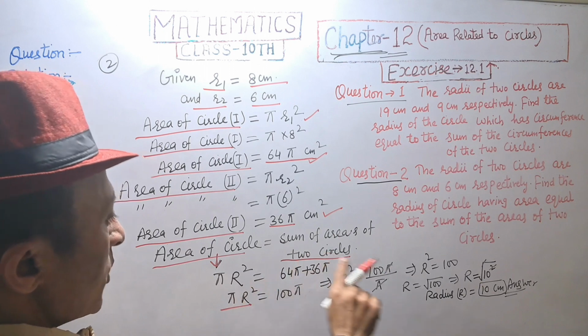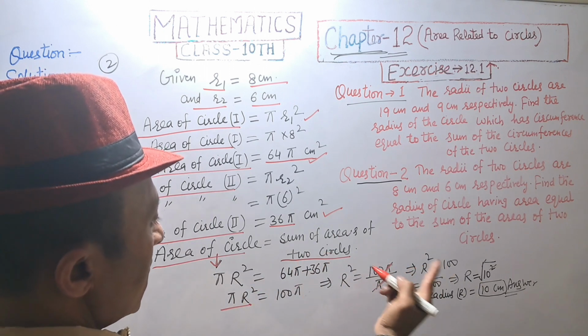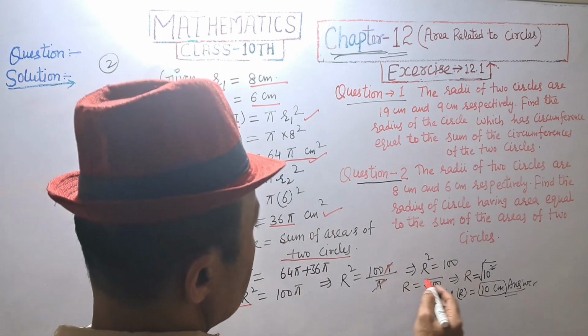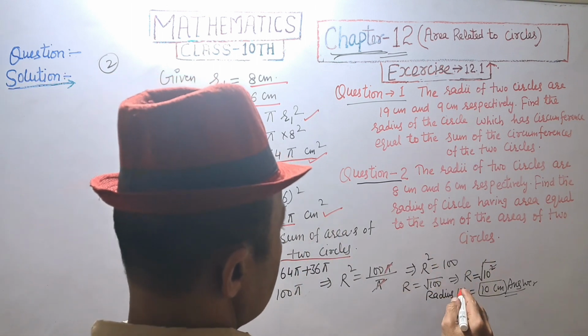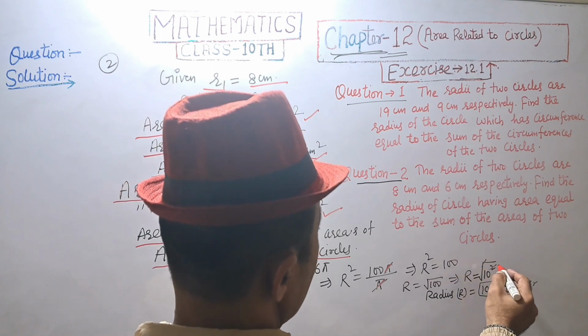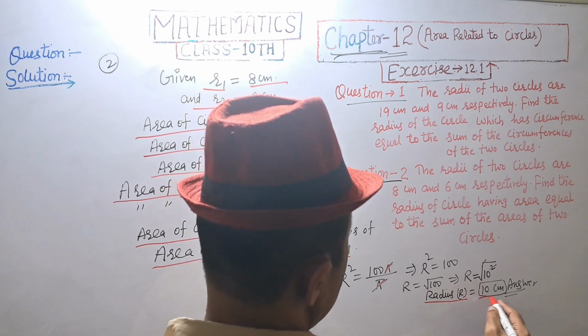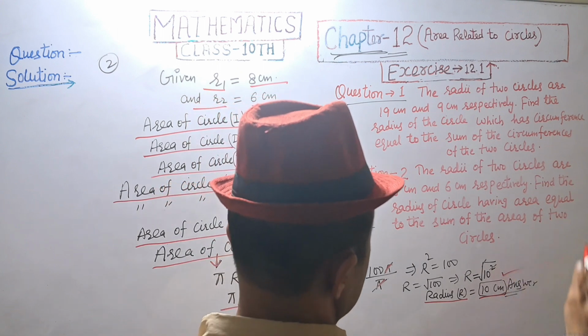This implies r square is equal to 100 pi divided by pi. Pi is cancelled, r square is 100, r is equal to root 100, which is 10 square. Square root is cancelled, and we get radius r is 10 centimeter. Answer.